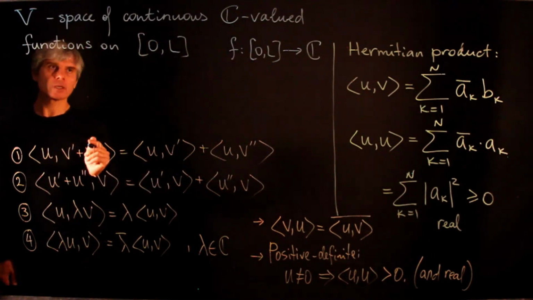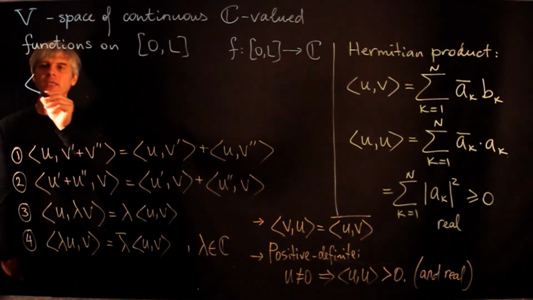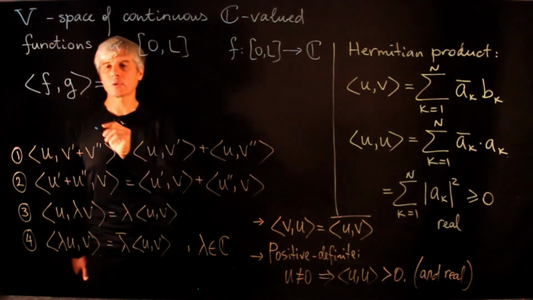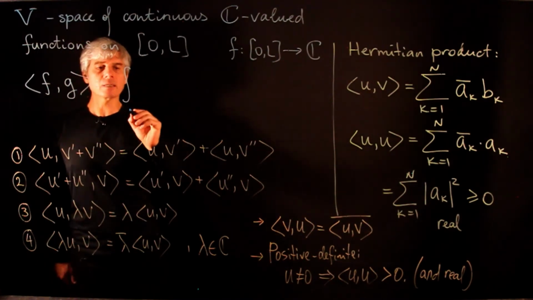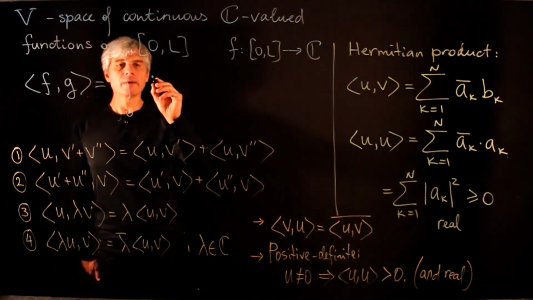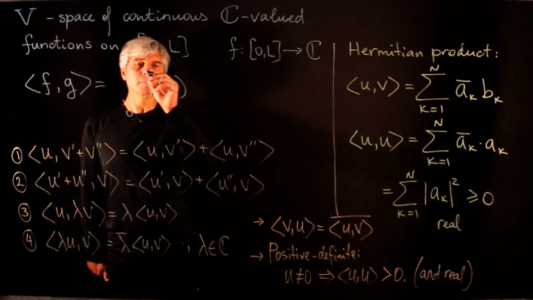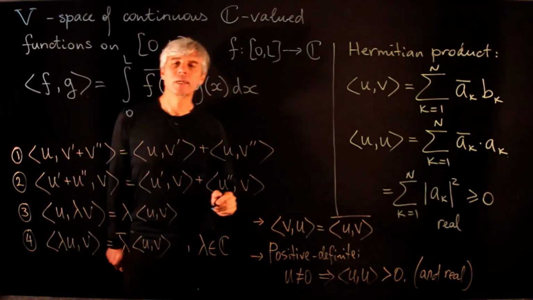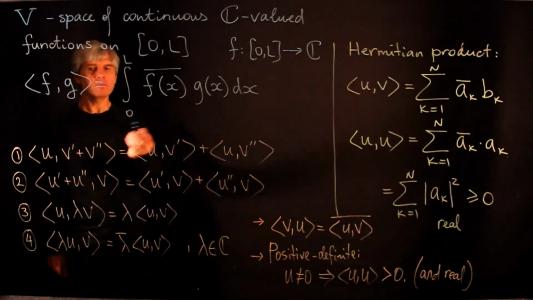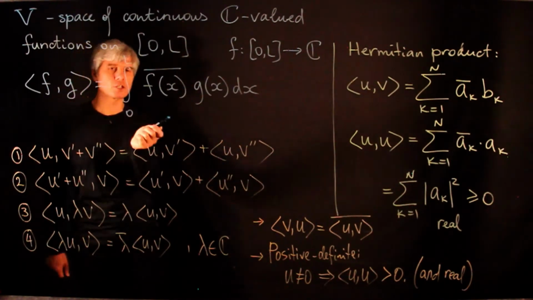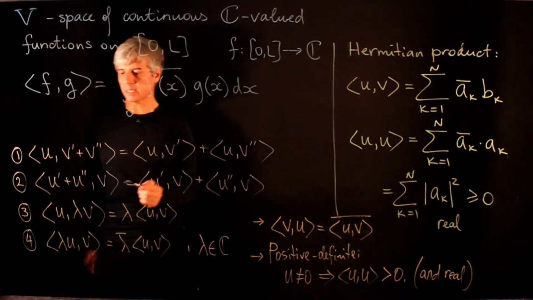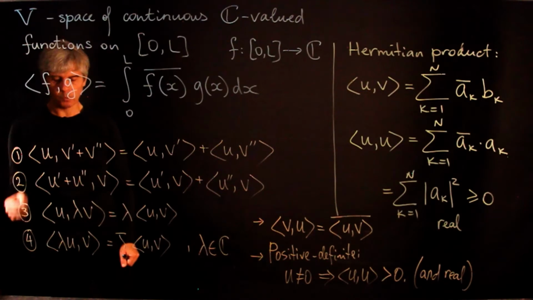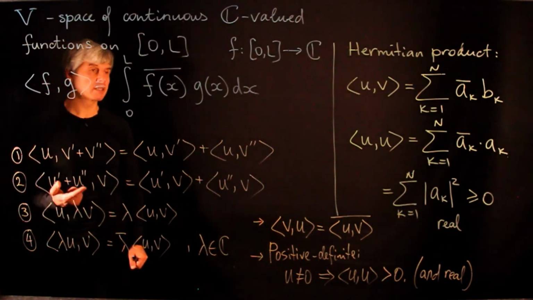And then on this vector space, we define the following product. The product of two functions is defined as the integral from 0 to L of f of x bar times g of x dx. So we take two vectors or two functions, and this will produce a number, and one can easily verify that properties 1, 2, 3, 4 hold, so it's sesquilinear.